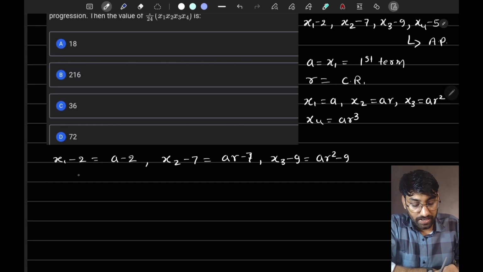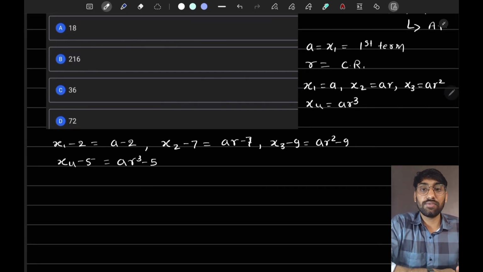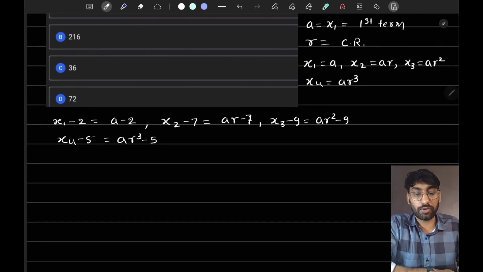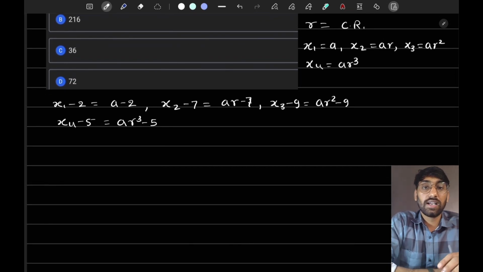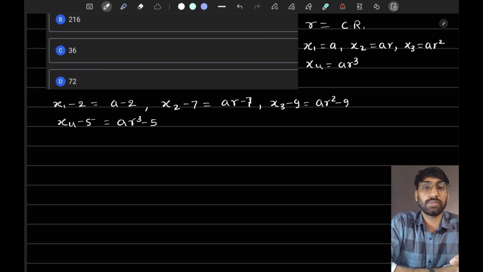And lastly, x4 minus 5 is nothing but AR cube minus 5. And they are saying that these are in arithmetic progression. Arithmetic progression means they will have a common difference, right? It means the second term minus the first term will be equal to the third term minus the second term, and that will be equal to the fourth term minus the third term.